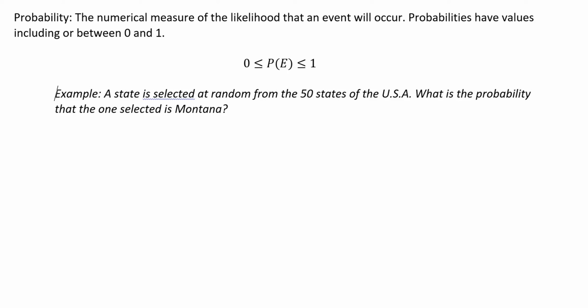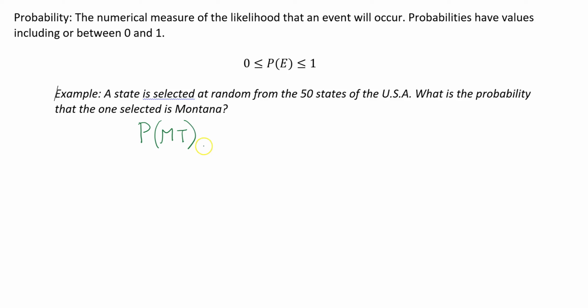It says, a state is selected at random from the 50 states of the USA. What is the probability that the one selected is Montana? So first, on notation, I would write P for probability, and then I would write Montana in here.